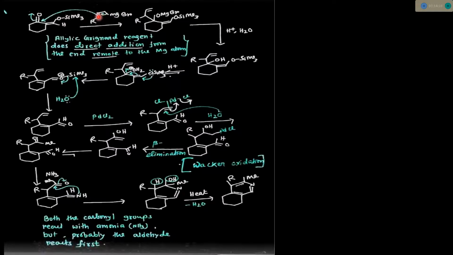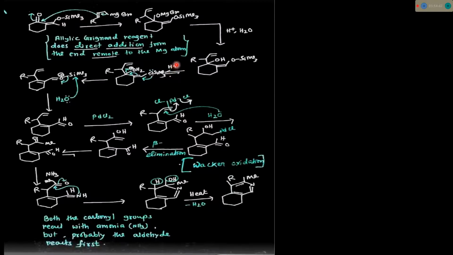The other end reacts with the carbonyl compound. So this bond breaks, and where the R atom is directly connected, that end reacts, and we will get this OMgBr. After workup, we will get this alcohol.